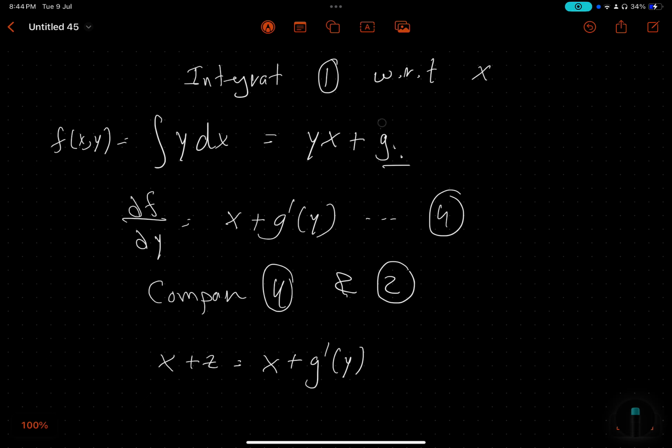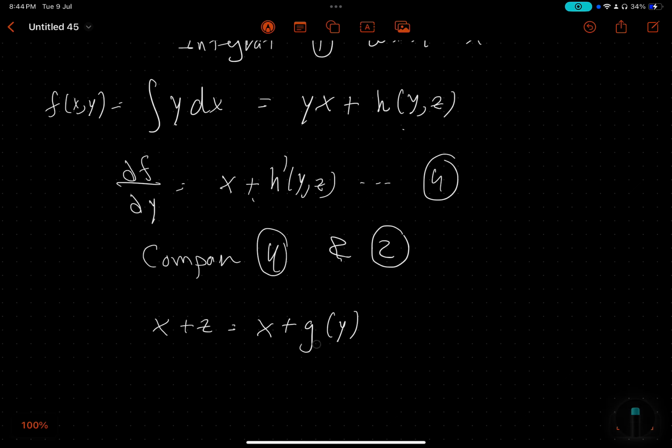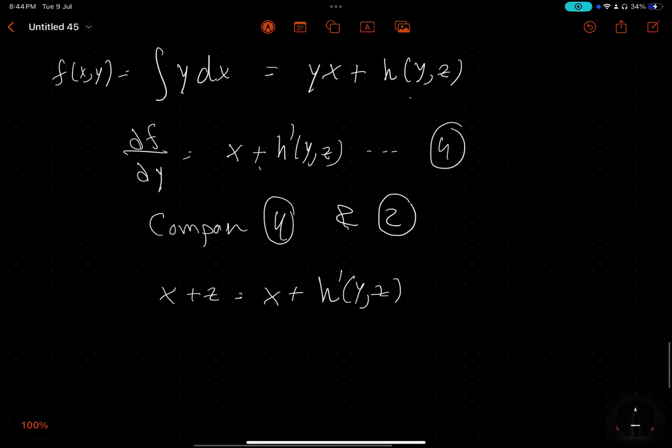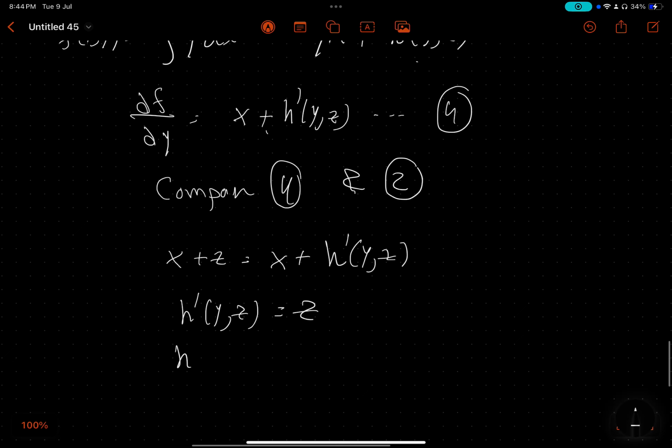It's better to have it, yeah, I think it's just h of y, z, something like this. Okay, and then we're gonna have h prime of y, z. Okay, and so h prime of y, z is gonna equal z, and so h of y, z is gonna be z squared over 2, if we integrate, plus g of y.